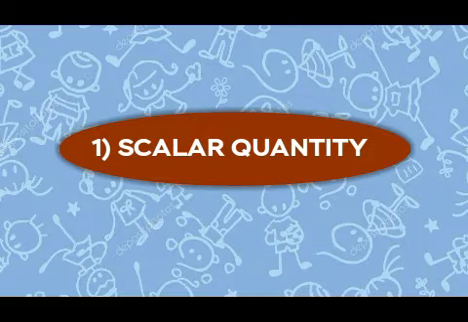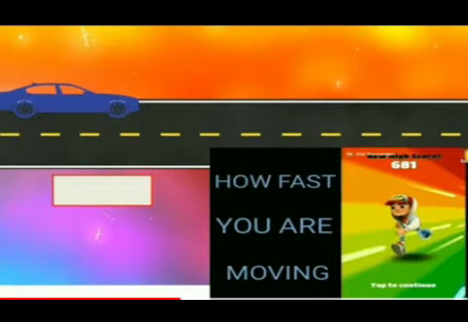So, an example of scalar quantity is speed. Speed is simply how fast you are traveling or how fast you are moving. Or we can say speed is the rate of change of distance with respect to time. So, this is an example of scalar quantity.